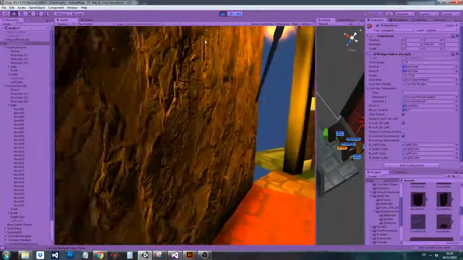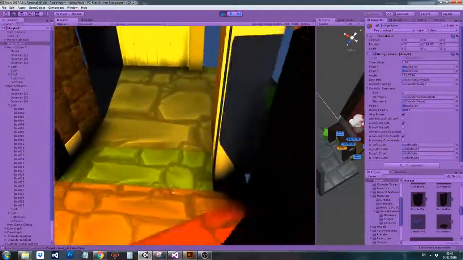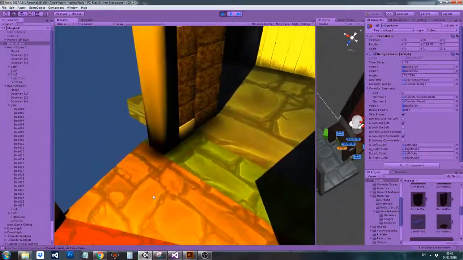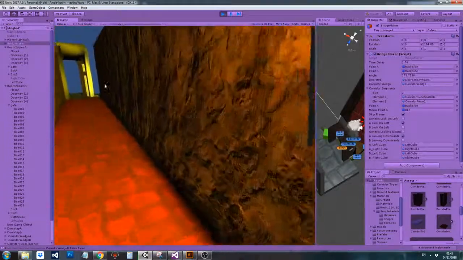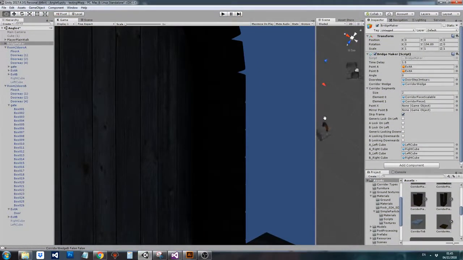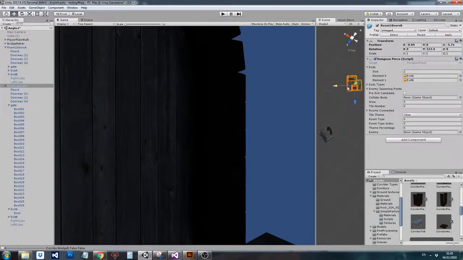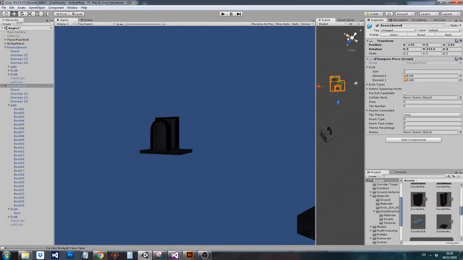And somewhere here is the other segments. And as I said, you could move and you could rotate.